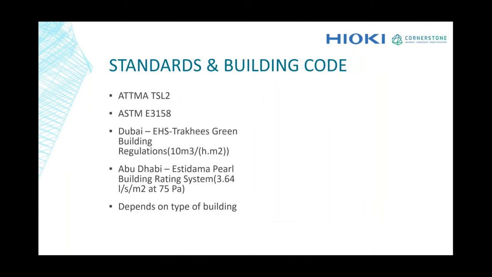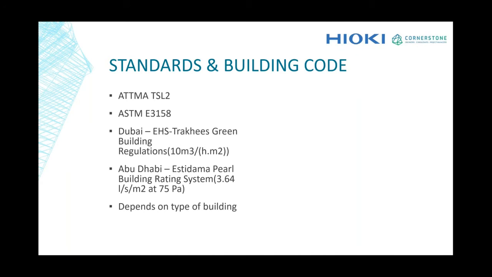Coming to the standards, the standard that we follow is ATTMA, the Air Tightness Testing and Measuring Association. That's what we follow here for the tests that we conduct. And ASTM also has its own standards. Here we basically have the building codes for each emirate.